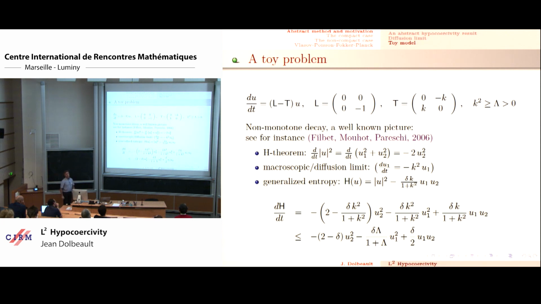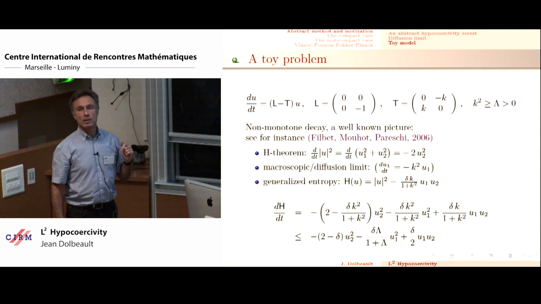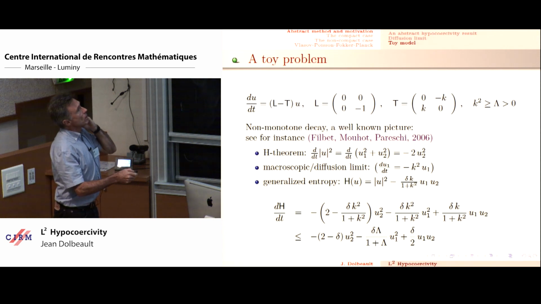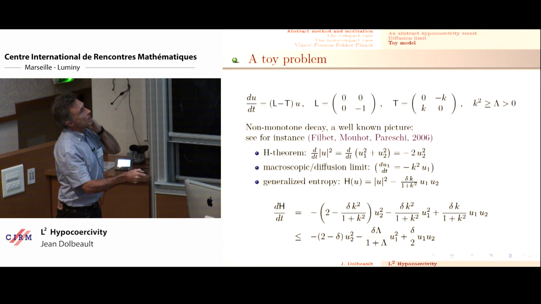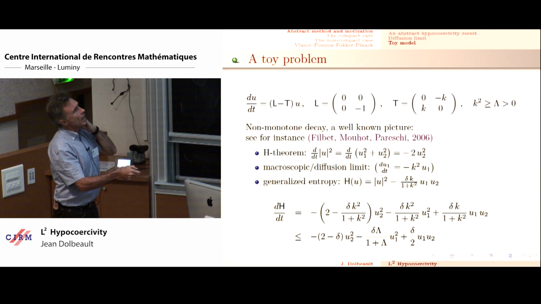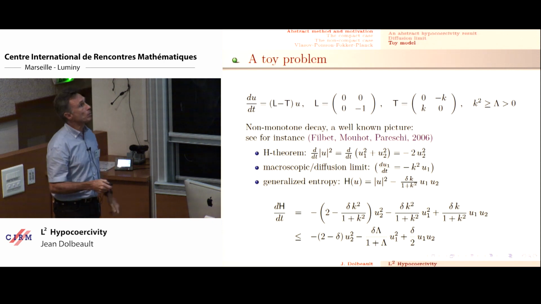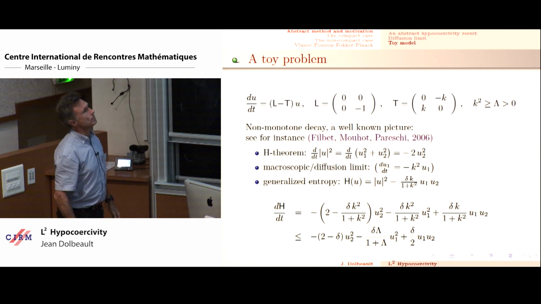Maybe one more, very, very basic toy model that I like very much actually. So imagine that you have a U which is made of two scalar components, U1 and U2. And you apply this evolution equation with a collision operator which is coercive but only in the second component, and an operator T which is a transport operator, so it's antisymmetric here.